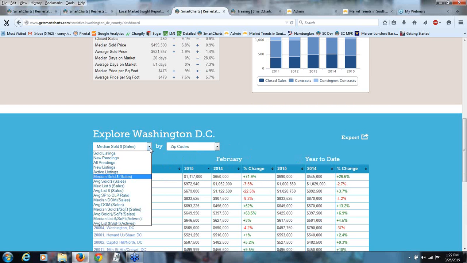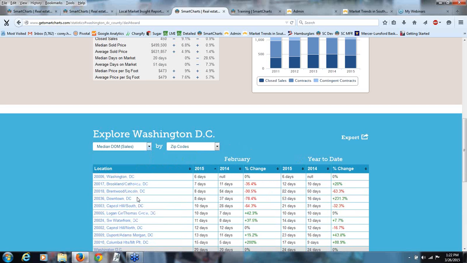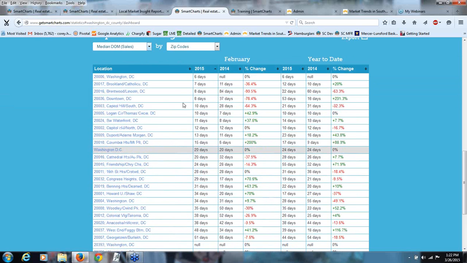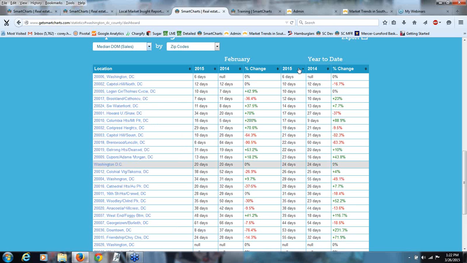So the default is median sale price. Switch this to median days on market. And we can see that year to date, in January and February, 5 zip codes had a median days on market of less than 2 weeks. That's remarkably low for off market.